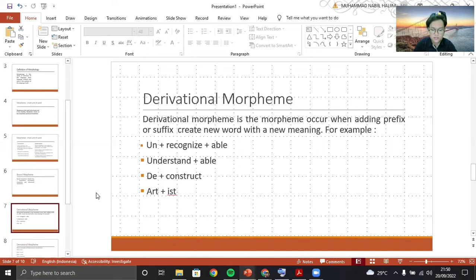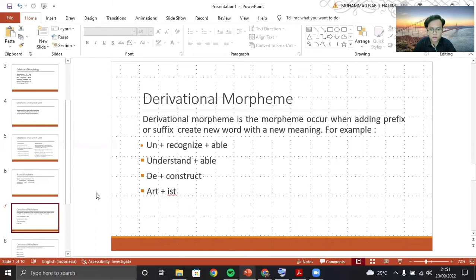And then understandable. Understand itself is the free morpheme or the root, and when it adds able, it is a derivational morpheme, or it changes to a new meaning when adding a suffix.